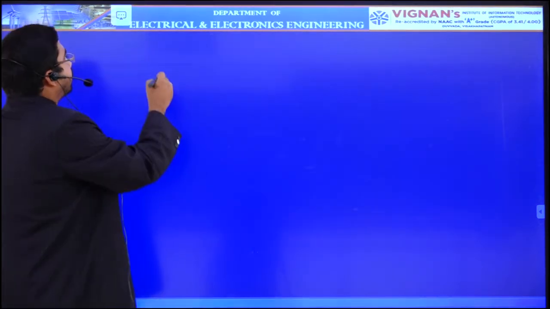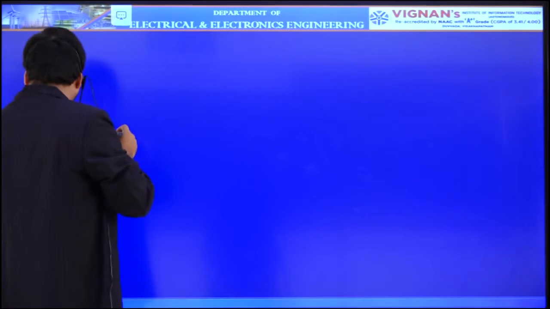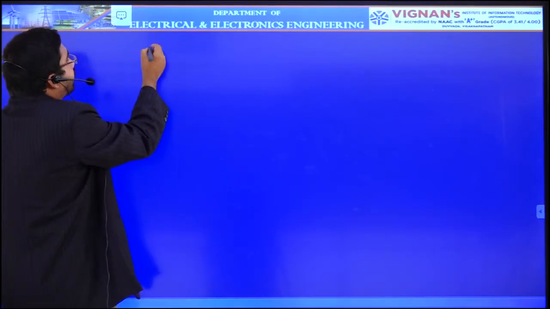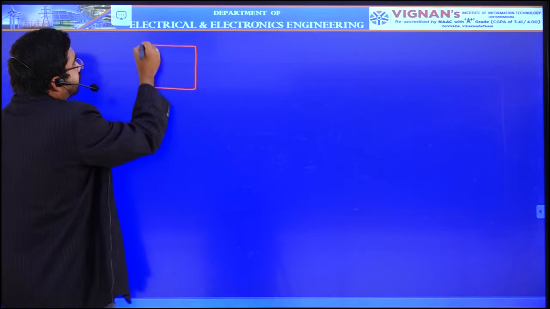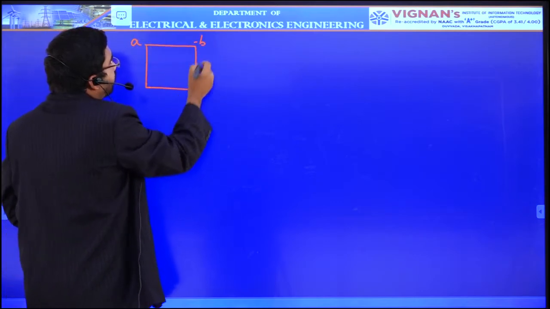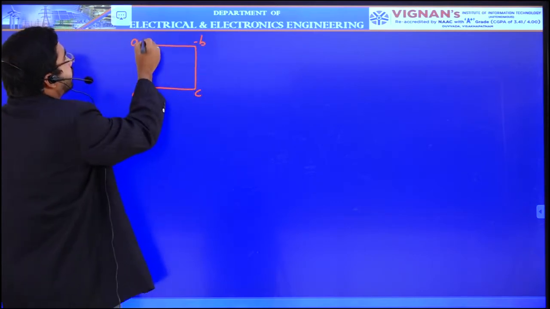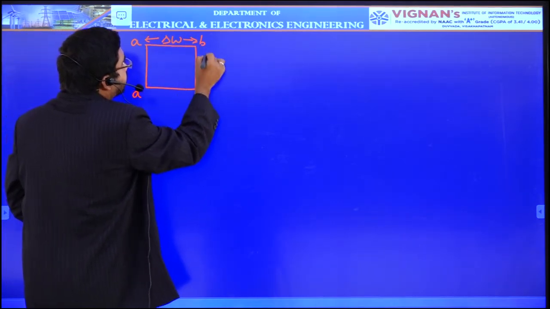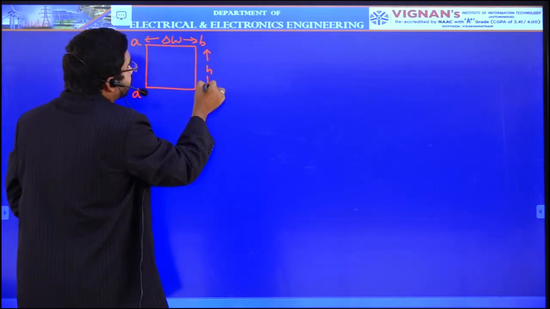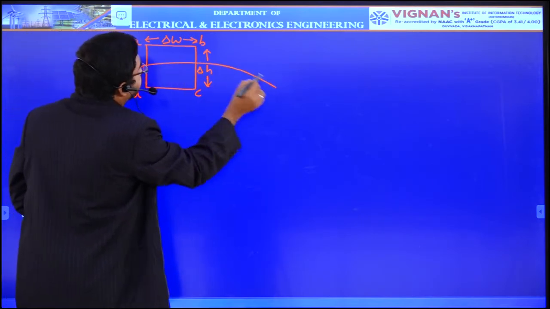So here we are taking a closed path from that previous diagram. That closed path is A, B, C, D. Its width is delta W and its height is delta H. So on the boundary you are assuming this now.